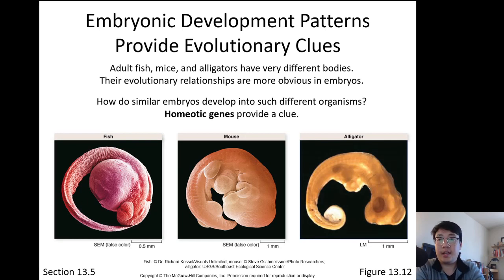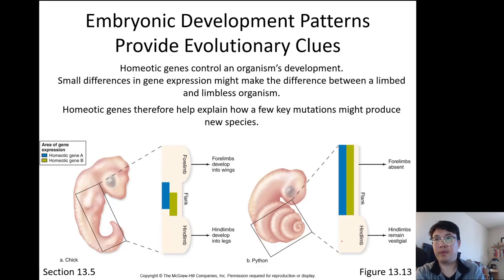You can see that the yolk sac, so to speak, is found on most of us. This is an alligator, a mouse, and a fish. You can see the head starts developing right here, same as here, and same as the alligator, and then the tail. Very, very similar. Again, it's the genes that control the developmental stages.